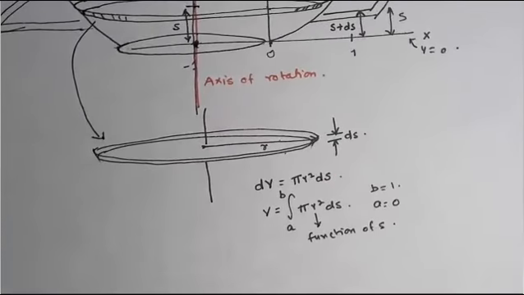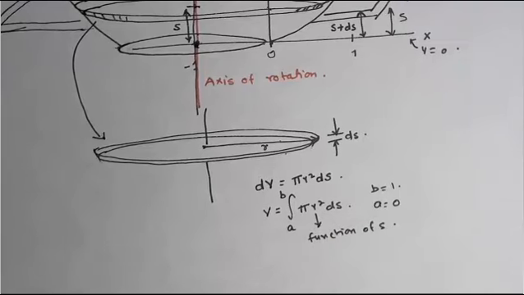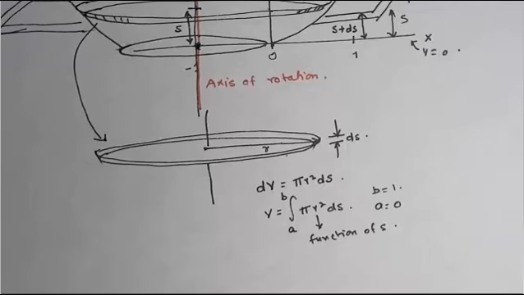And the trick to using this formula for calculating the volume is to figure out how r is a function of s, to write down an explicit formula for r as a function of s. Once you have that formula, you just plug it into this equation, you do the integral, and you have the volume. So in the next video, I'm going to show you how you get r as a function of s.